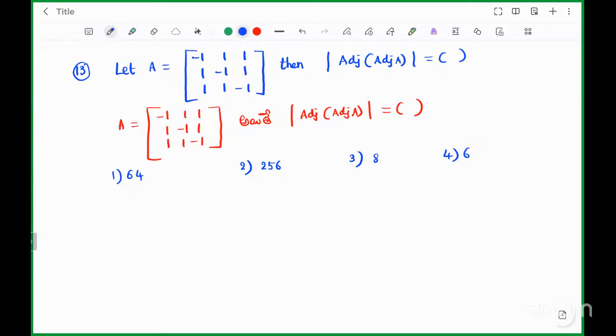Simple, with the help of det A. If you are able to calculate the determinant of the given matrix, that's all. With the help of the formula, directly we can write the value of the determinant of adj of adj A.